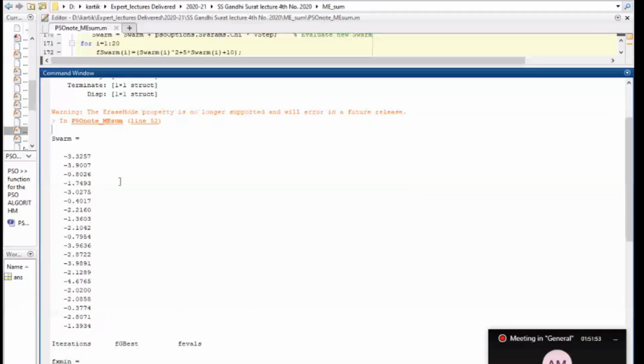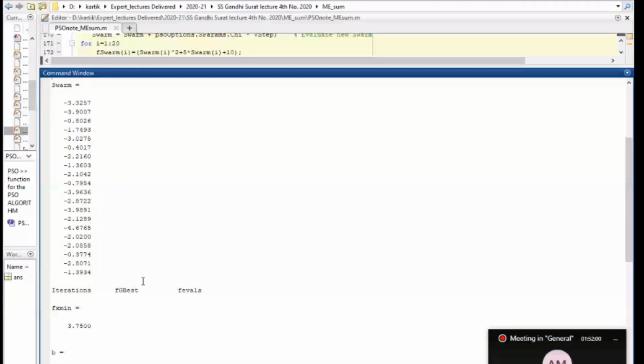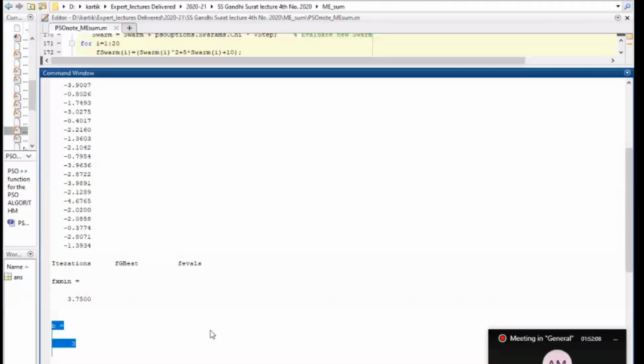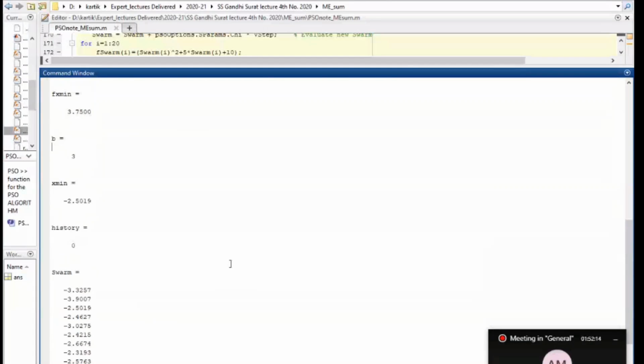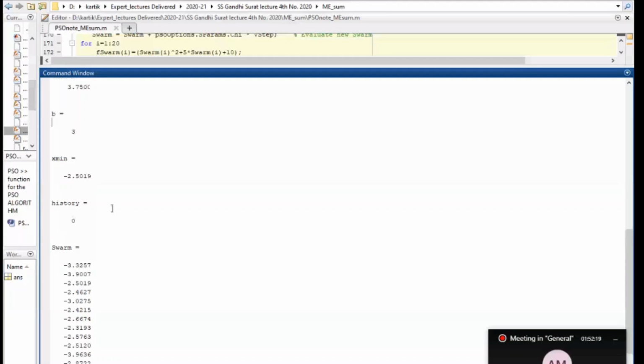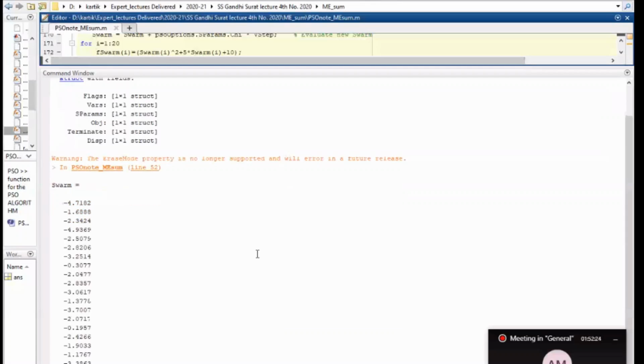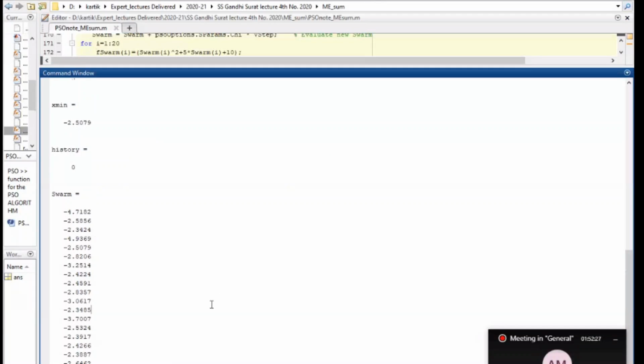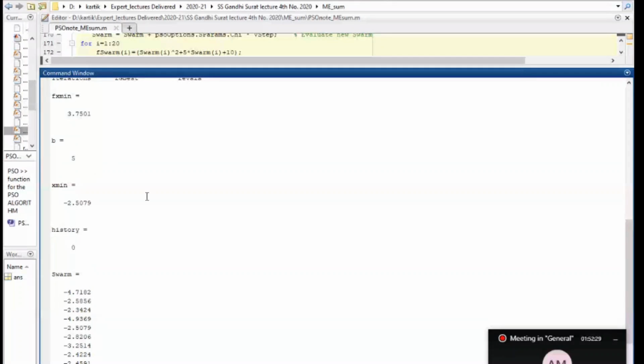So yes, I had initialized these 20 particles. So these are the final values, x values of the particles, right? So the best value of the function that is obtained is 3.75, and this b is the index of the best particle.